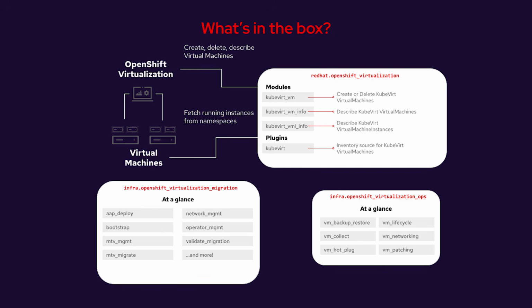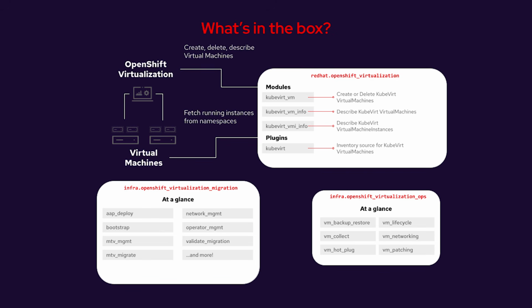The OpenShift Virtualization Migration collection is ideal to accomplish the Ansible automation use cases, such as analyzing existing virtual machine hypervisor environments, installing and configuring Ansible Automation Platform, preparing OpenShift environments to support virtual machines, and migrating virtual machines from existing hypervisors to OpenShift using the Migration Toolkit for Virtualization. So here you see the lists of roles where we can accomplish these use cases.